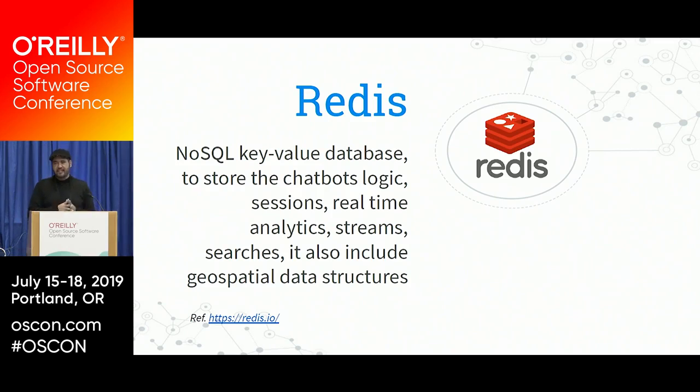Redis is not a multi-purpose database, but it's very different, and has a lot of data types, like lists, sets, streams, hash tables. You can do a lot of things with Redis. There are some specific use cases to use Redis.